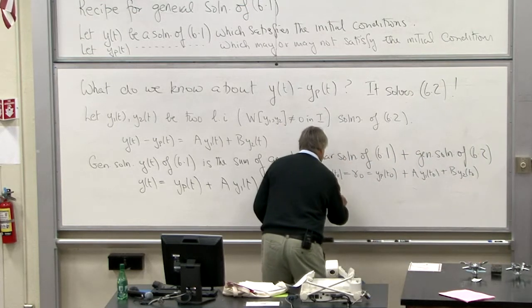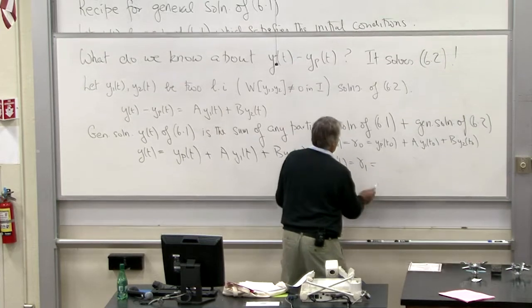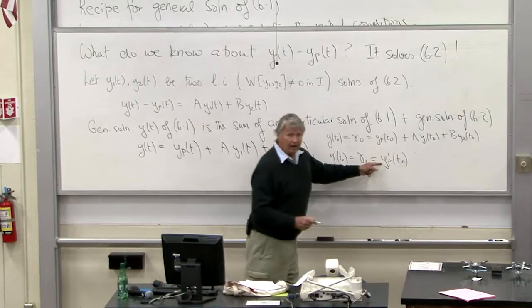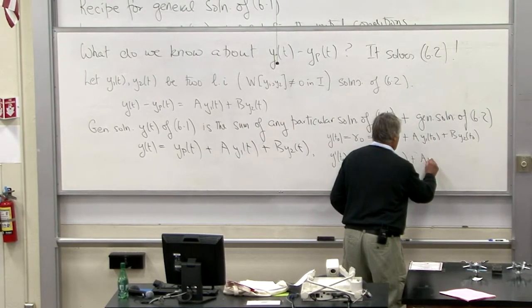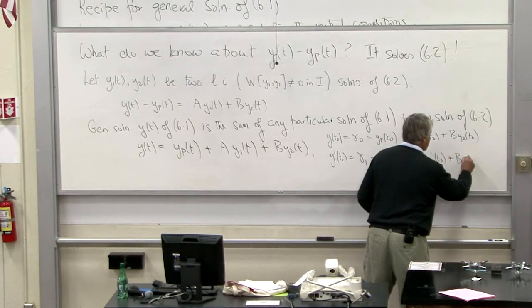And y prime of t0 is gamma 1, which is yp prime at t0 plus a y1 prime at t0 plus b y2 prime at t0.